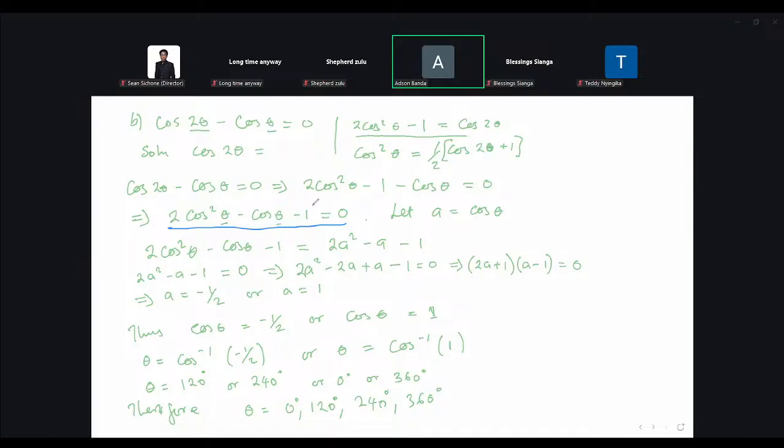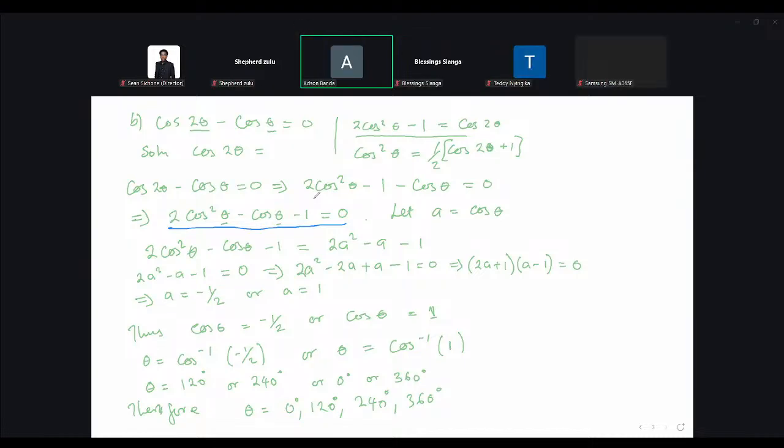So please familiarize yourselves with the identities, because identities will play a very important role when it comes to equations. So you should be able to change particular functions from one function to the other.